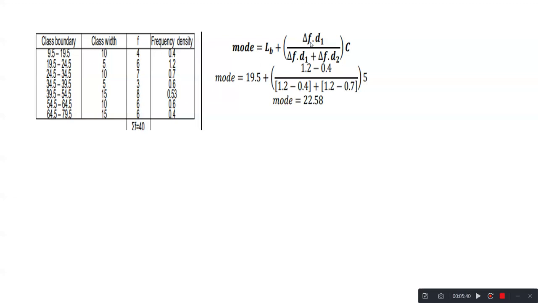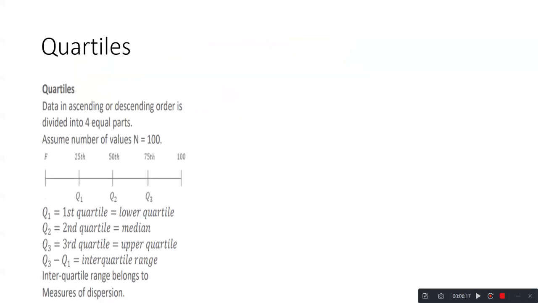Now the modal frequency density minus the frequency density before it is 1.2 minus 0.4, then plus the modal frequency density minus the frequency density after it, which is 0.7, so 1.2 minus 0.7. That one I multiply by 5, then add 19.5, and I have my mode as 22.58.